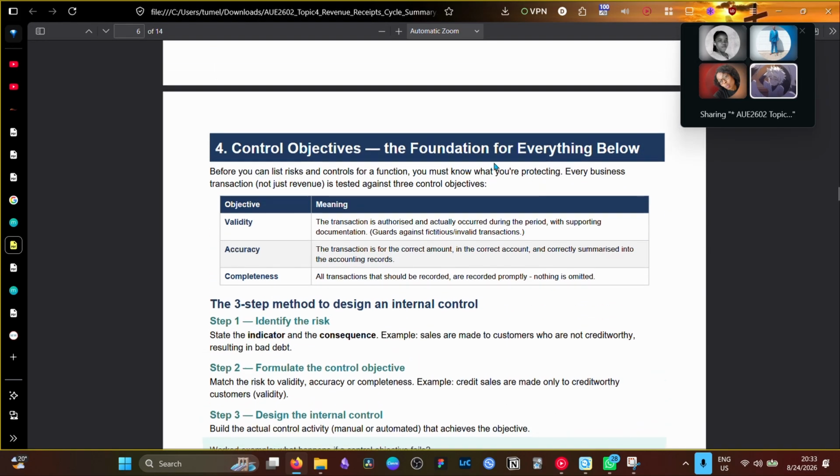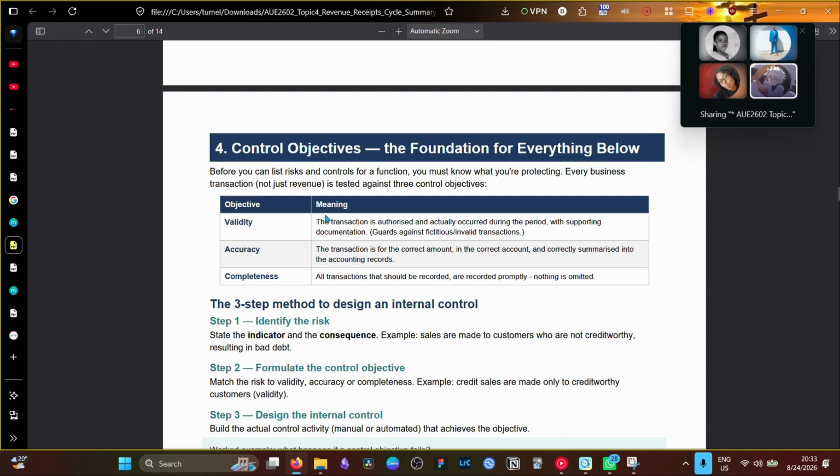Control objectives, the foundation for everything below. Before you can list risks and controls for a function, you must know what you're protecting. So when they say control objectives, objectives means goals, what we are trying to get to.